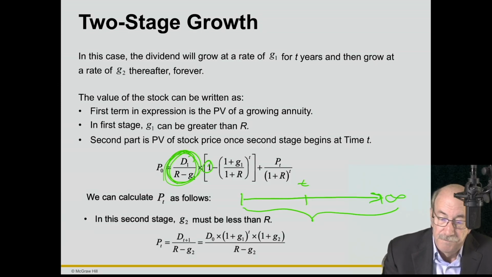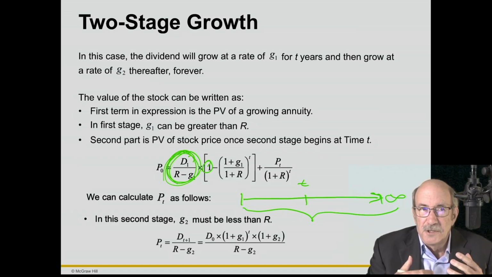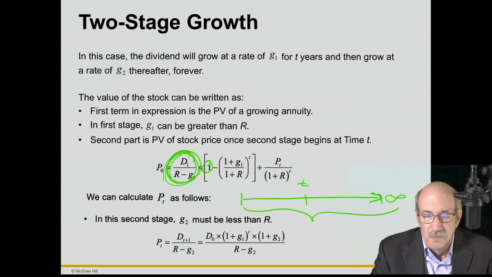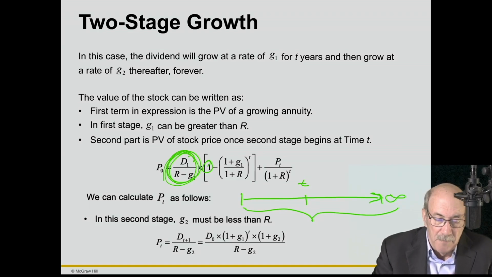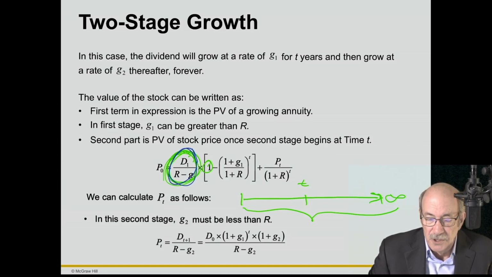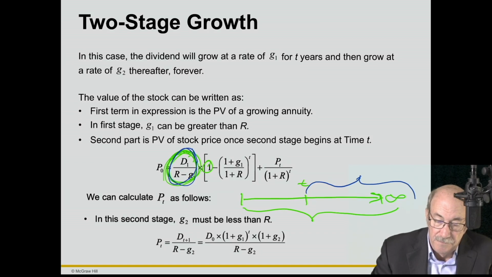And intuitively, what I want you to think of, let's worry less about where that fraction came from and how we arrived at it, but let's assume that what that actually does when I multiply that by this value of a growing perpetuity, is it subtracts off this amount.